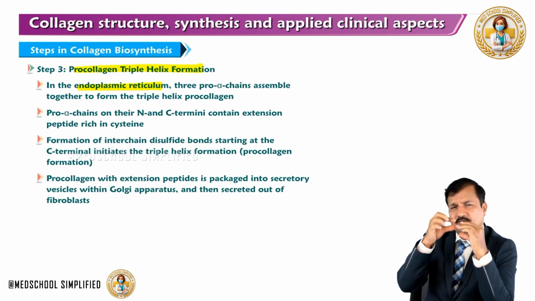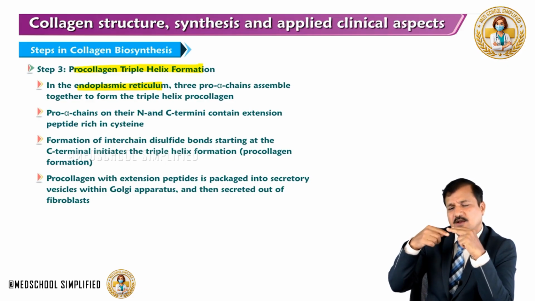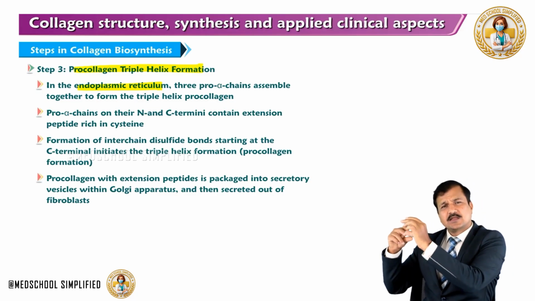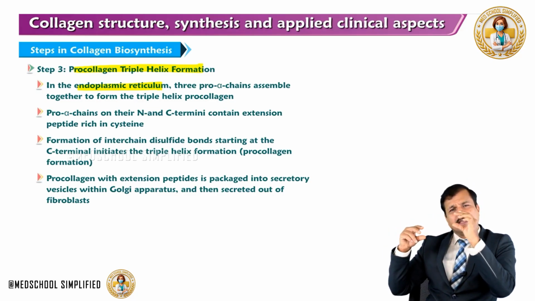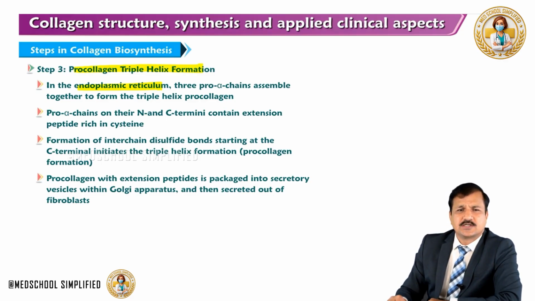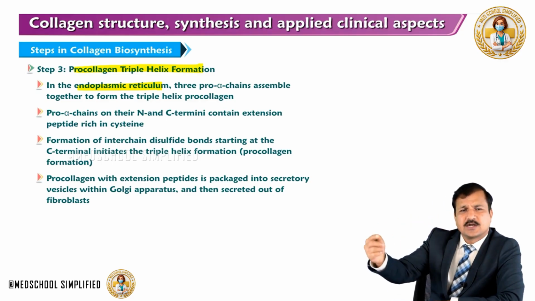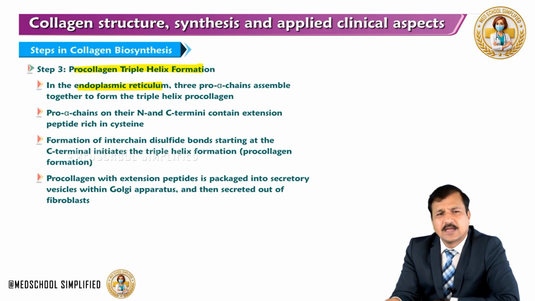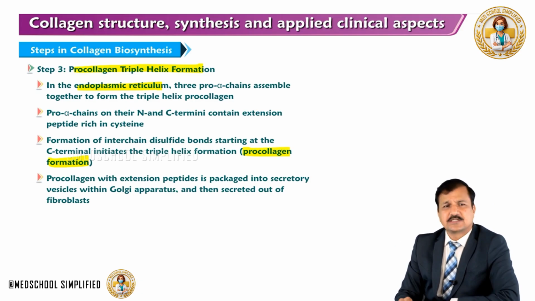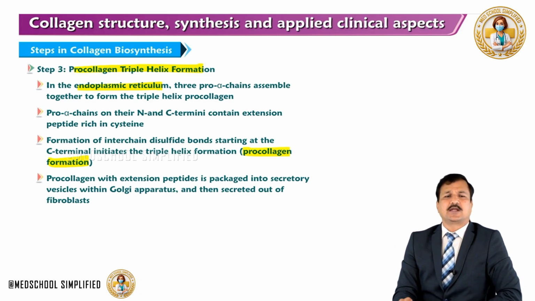That brings 2 alpha chains together, and then the third alpha chain also makes a similar disulfide linkage, bringing 3 chains together. The interchain disulfide linkage will continue starting from the C terminus, which is initiating the triple helix formation, and goes all the way towards the N terminus, and this is how procollagen formation is initiated in the endoplasmic reticulum.